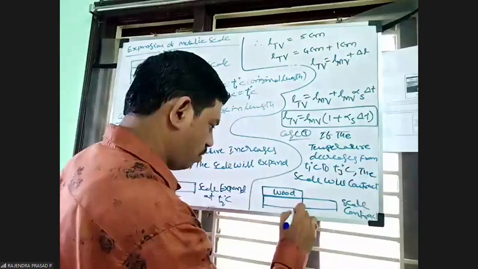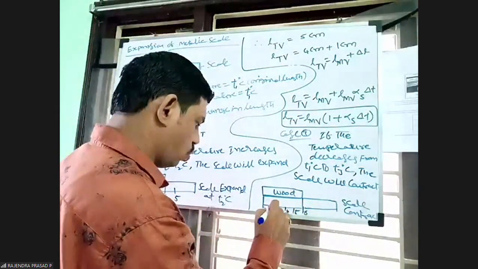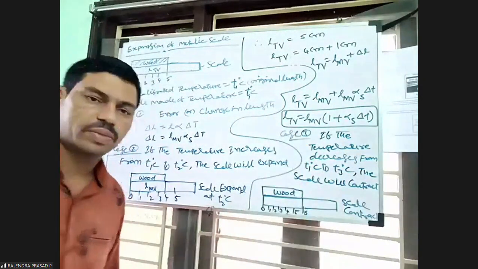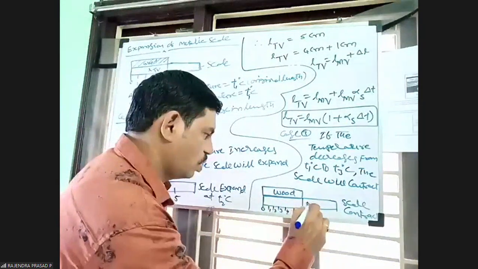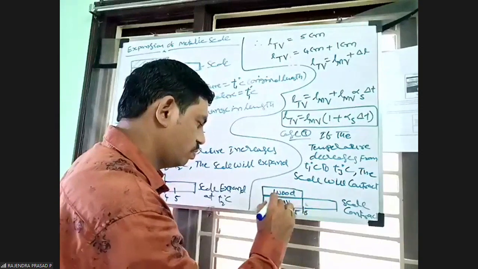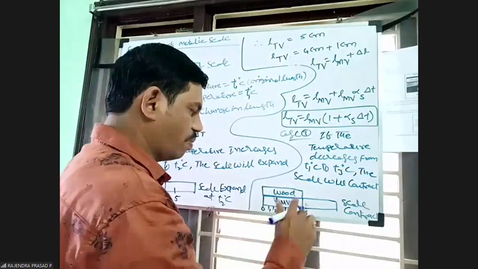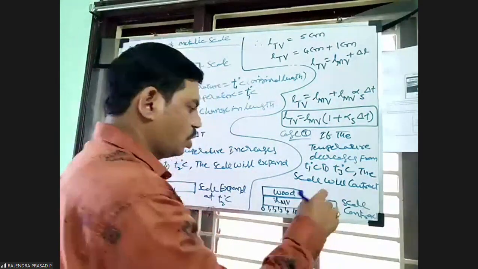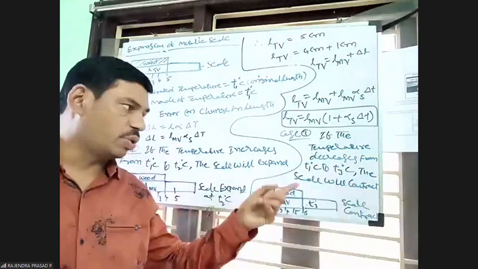6, 5, 4, 3, 2, 1, 0. So 6 centimeter. Okay, now this is the scale at T3 degrees. This is the measured value. So the temperature decreases from T1 to T3, not T2.